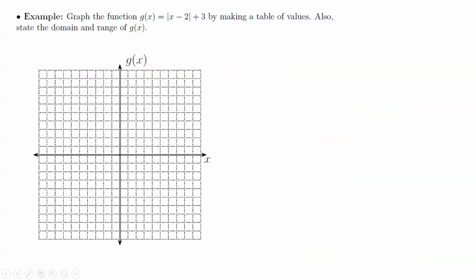All right, so why don't you go ahead and try to make a table of values here and get an accurate sketch of this function. Just make sure that you find the point of the V. So after you've tried that yourself, I'll go ahead and put my work down here.